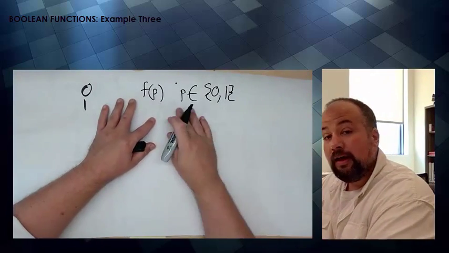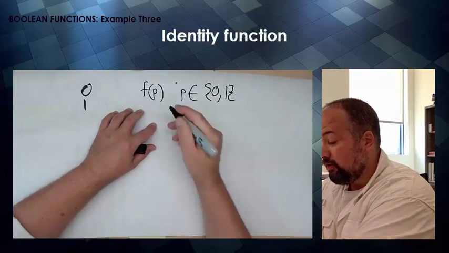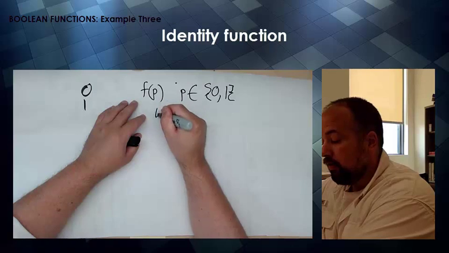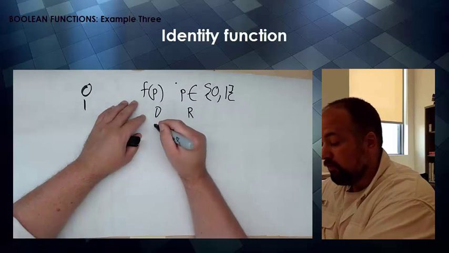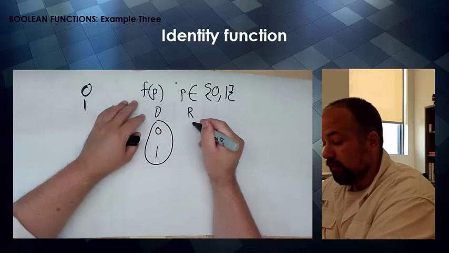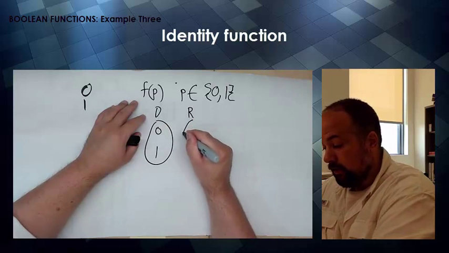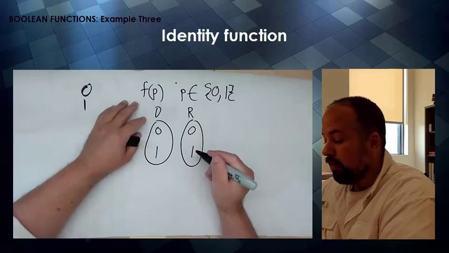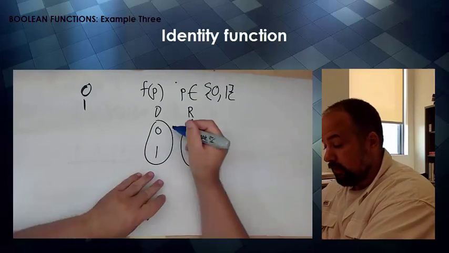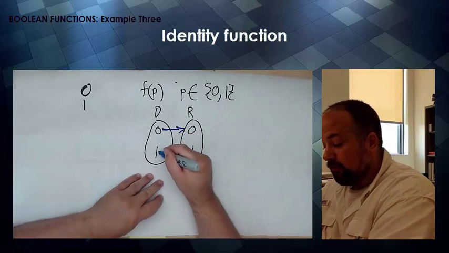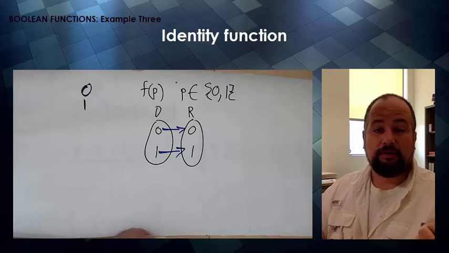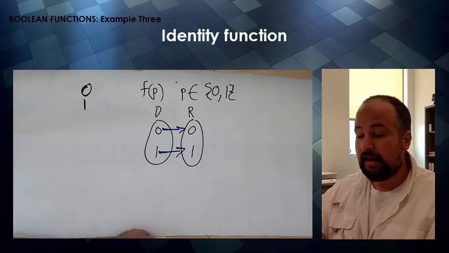The identity function is just, let's draw this out with a domain and a range. So we have 0 and 1 as our domain, and 0 and 1 as our range. For the identity function, 0 maps to 0, 1 maps to 1. So you feed in a 0, you get out a 0. You feed in a 1, you get out a 1.